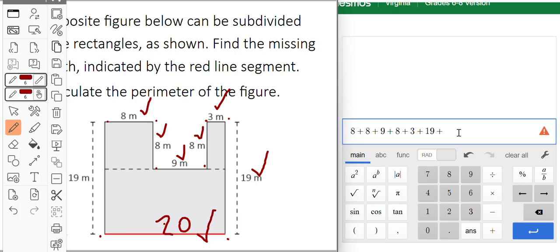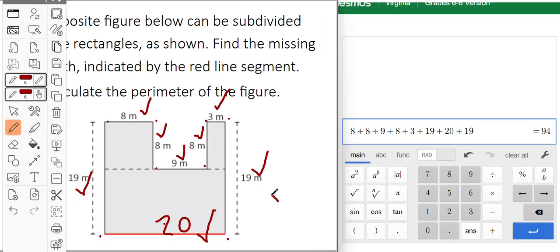We got to add it. 20. And then we have to add this other 19. It's really important to mark them off as you go because you don't want to forget anything. And then I would count it again just to make sure. 1, 2, 3, 4, 5, 6, 7, 8 numbers.